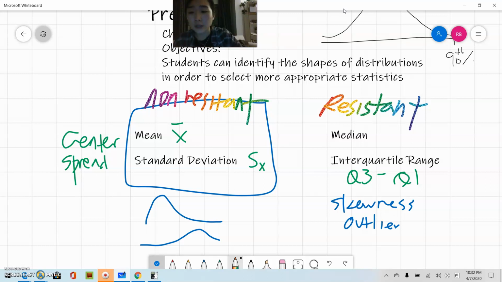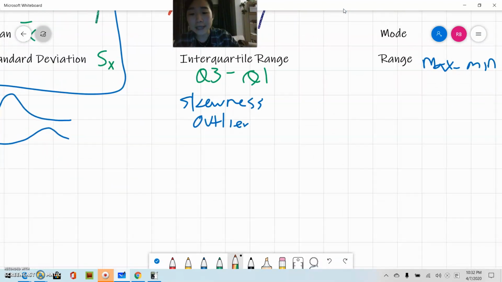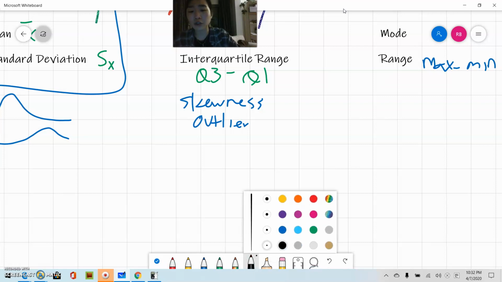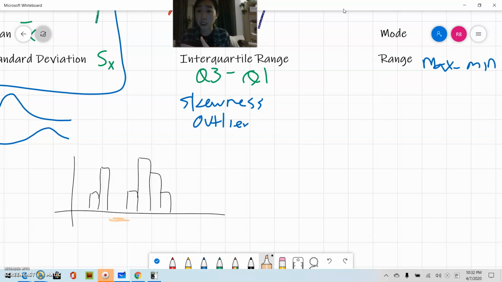Okay. So how do we find outliers? Today in class, we looked at the histogram. And the histogram is great. It gives you a nice shape. You can see the shape of the thing, and you can also see if there's a gap, like the example I'm drawing here, or if there's a cluster.